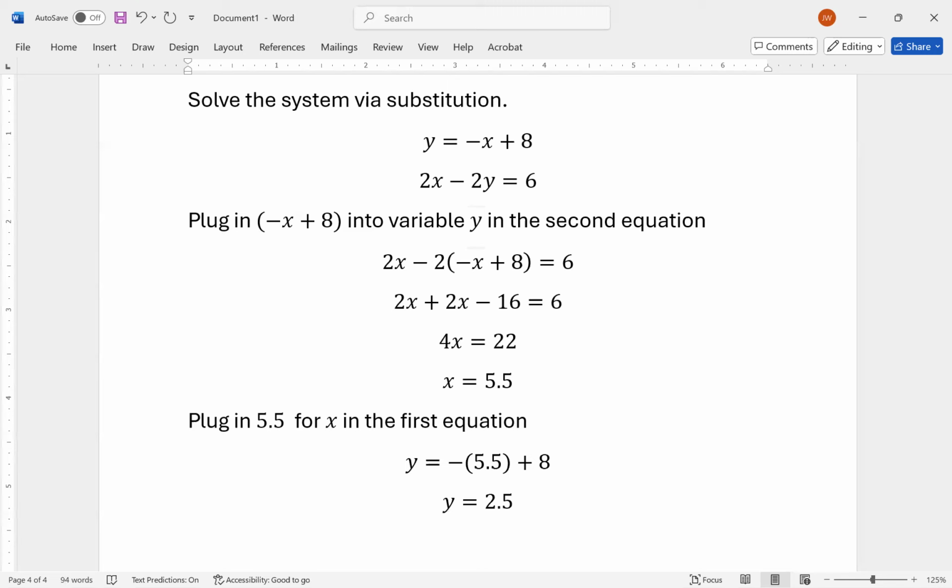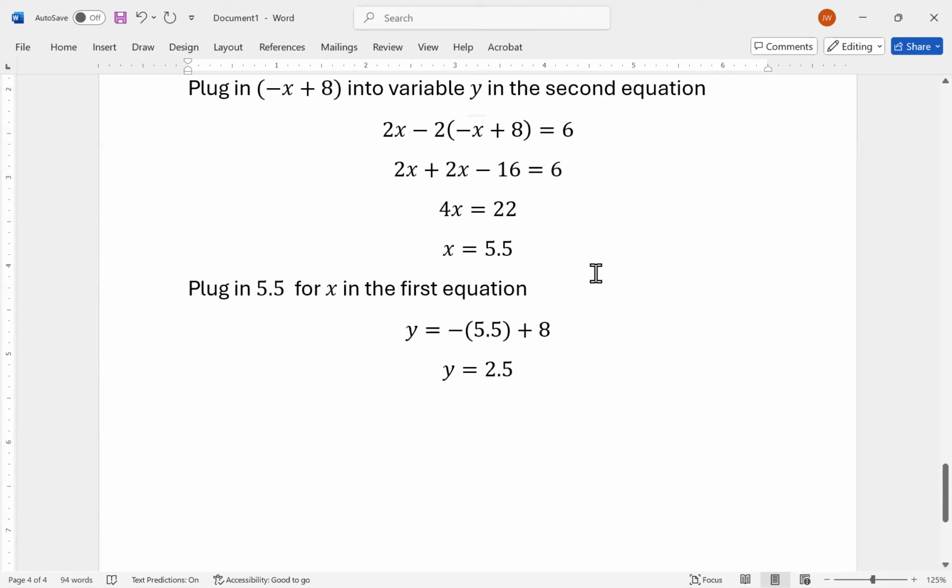Now, this tells me that the solution to this system of linear equations is the point 2.5, comma, oh, I'm sorry, I got the wrong one in front. You always do alphabetically, so x comes first. X is 5.5, and then y, which is 2.5. So x comma y, 5.5 comma 2.5.